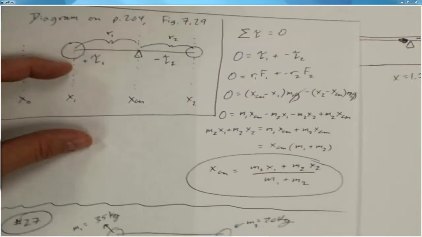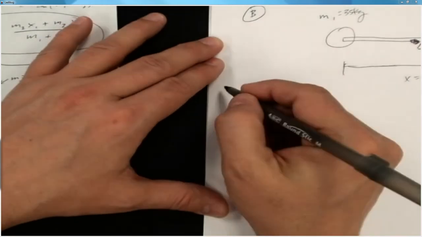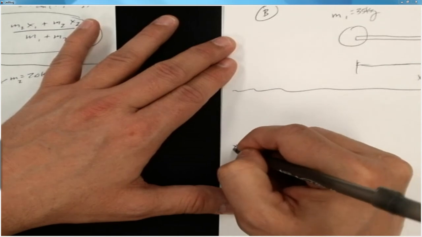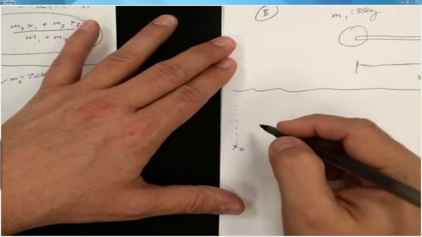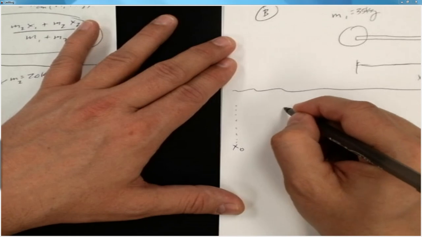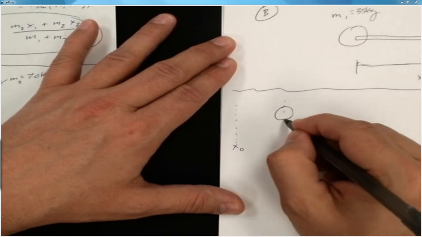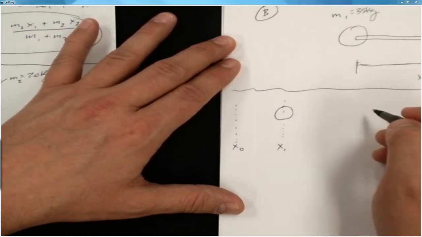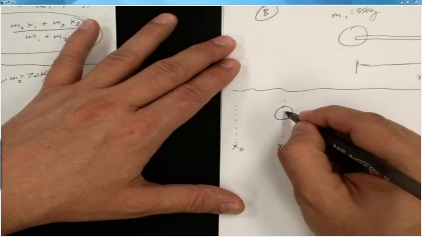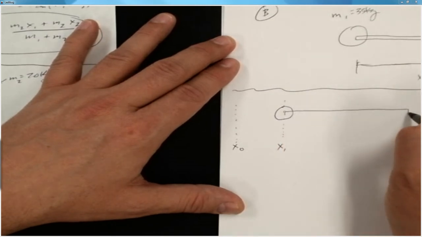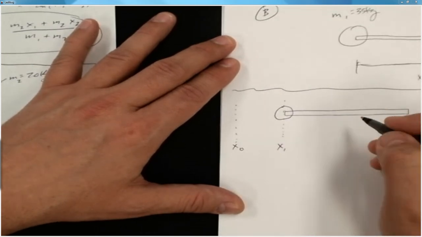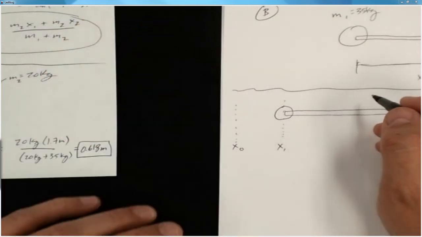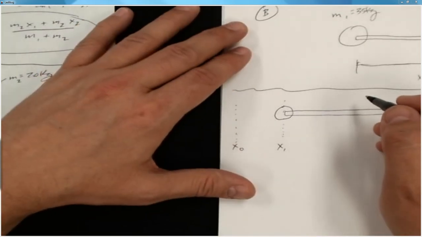So let me redo my derivation. Let's say that I set an arbitrary origin, x sub 0 here. Here's my left barbell, that's going to be x sub 1. And then we're going to have a bar, and it will have a distance to the center of its mass.